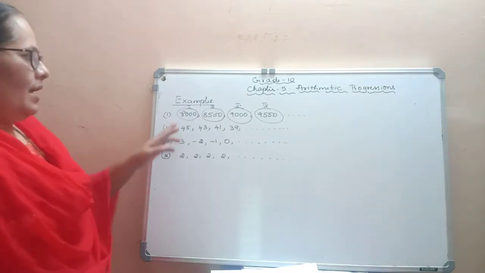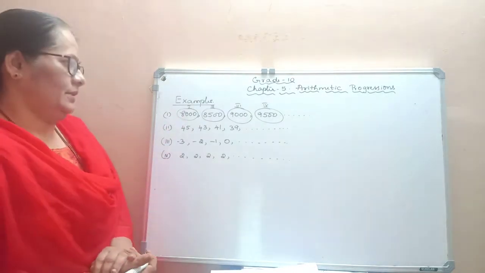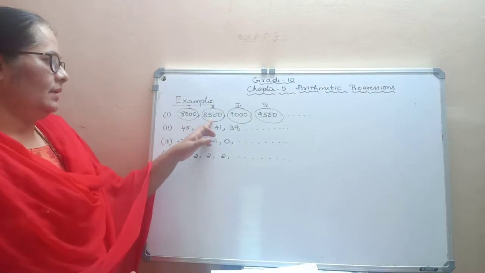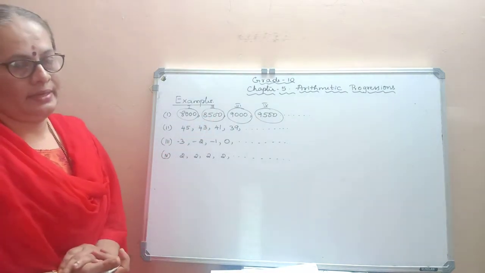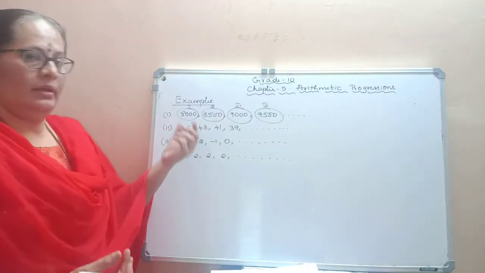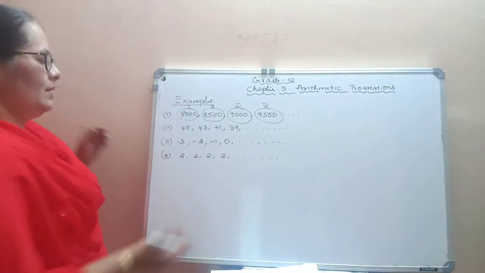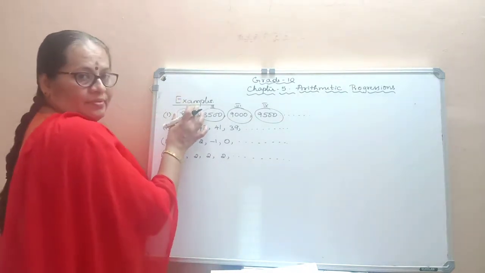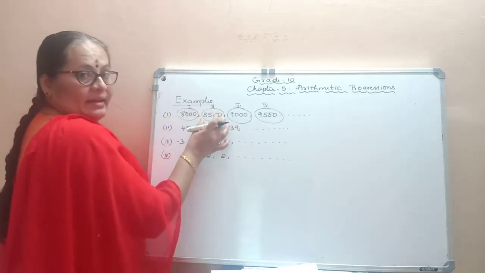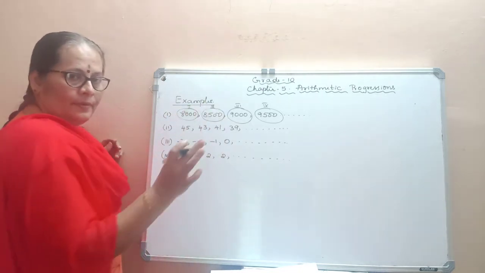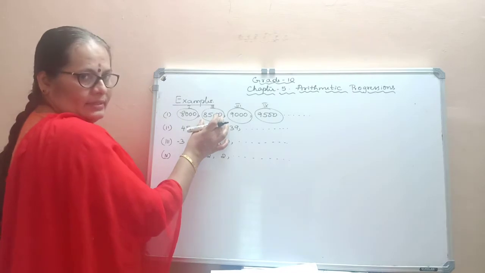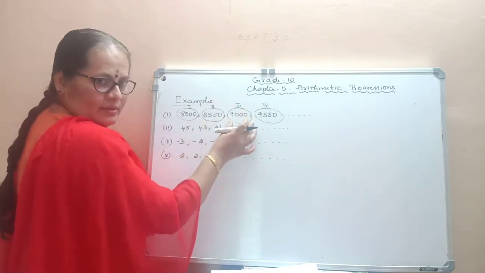Now, 8,000 is the first term. The second term is 8,500. What is the number added to the preceding term? 500. So, if you add 500 to the first term, you will get the second term. If you add 500 to the second term, you will get the third term.